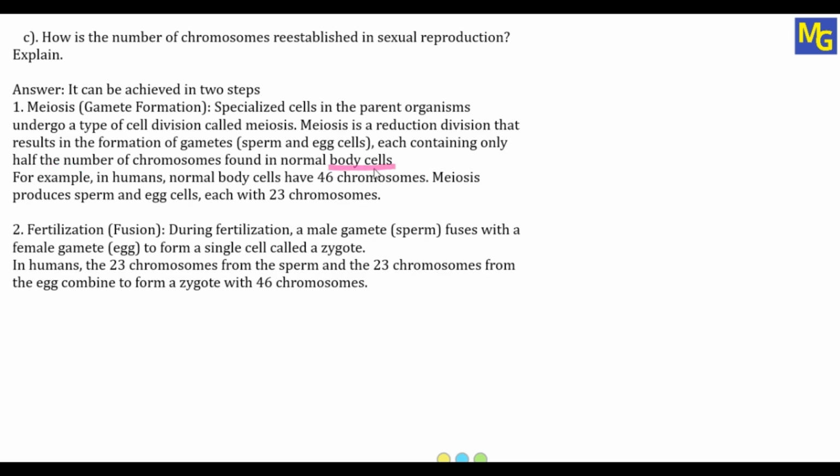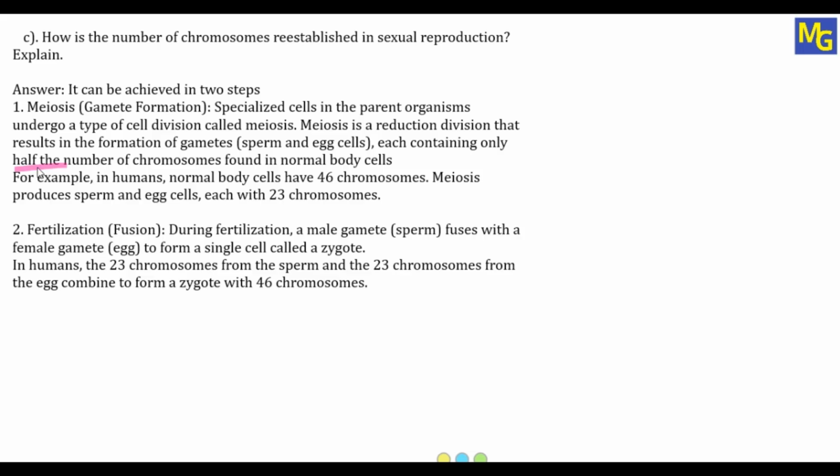So if the normal body cell has 46 chromosomes, that is 23 pairs, 23 pairs means total 46, then it will divide to give daughter cells having only 23 chromosomes, means half of that.